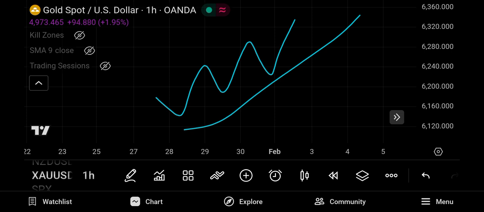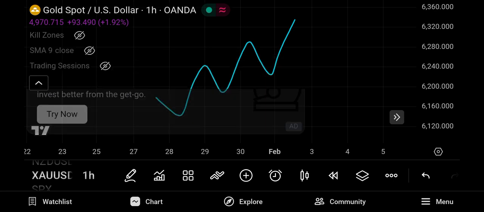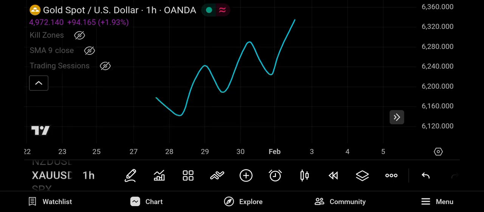So if you haven't watched it, please go watch it because I can't just keep on repeating myself. Okay, so in an uptrend, we are looking for buys. We don't look for sells in an uptrend. Beginners usually sell in an uptrend just because they saw a reversal or something. No, we don't do that. We are looking for buys in an uptrend, only buys. You get me? Okay.